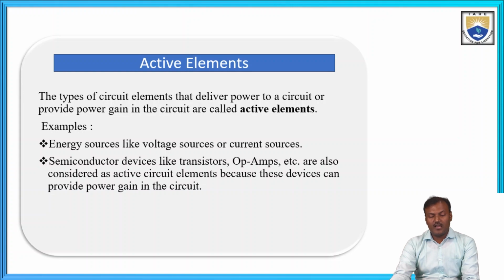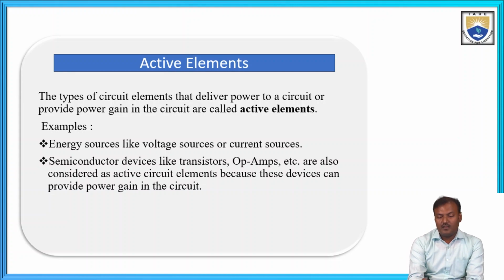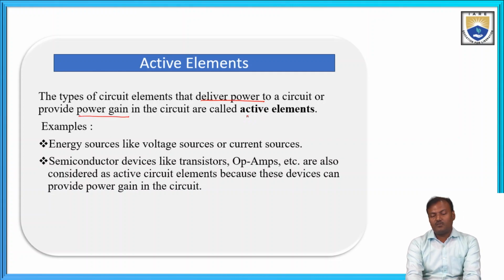First one is active elements. The types of circuit elements that deliver power to a circuit or provide power gain are known as active elements. First one is which deliver power, and second one is providing power gain.